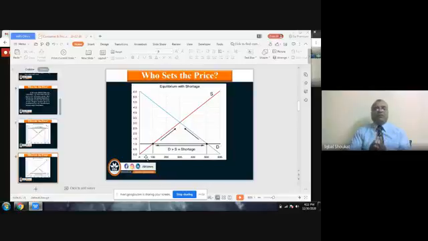It means that whenever the demand will be more than the supply, lesser goods are in the market, whereas more consumers are there in the market. More consumers are willing to buy the lesser goods. What they'll do, the people who will pay more price, they'll get the product.